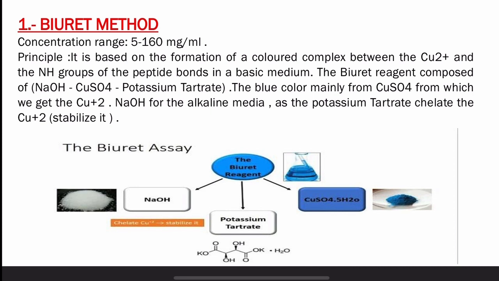The blue color mainly forms from copper sulfate, from which we get the copper, and the NaOH provides the reagent with the alkaline media, and the potassium tartrate chelates the copper, which means that it stabilizes it.